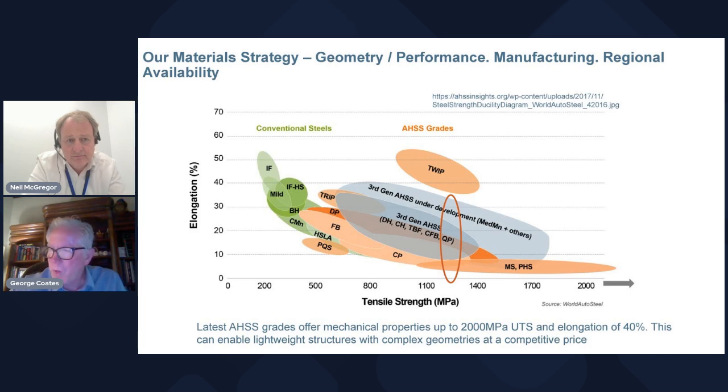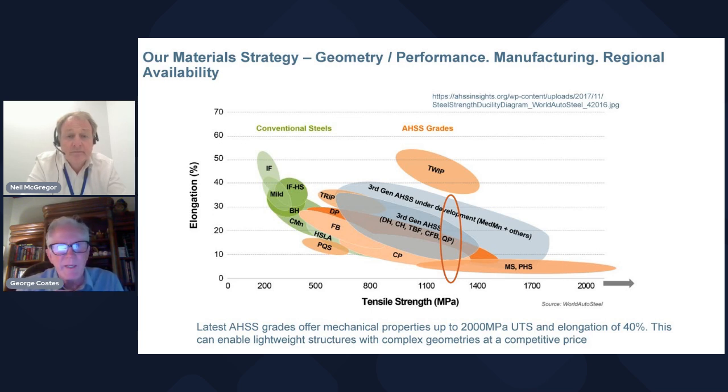You can see there's a huge amount of different product families that represent advanced high-strength steels and non-advanced high-strength steels, and there are overlapping properties, which means that the designer or the engineer can pull different grades and evaluate very different grades for the same functional characteristics.